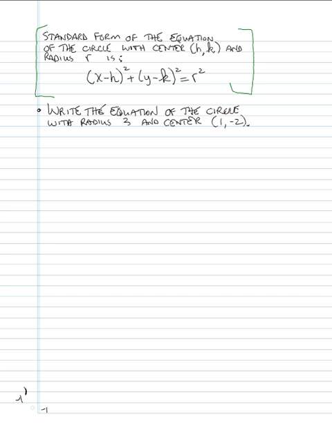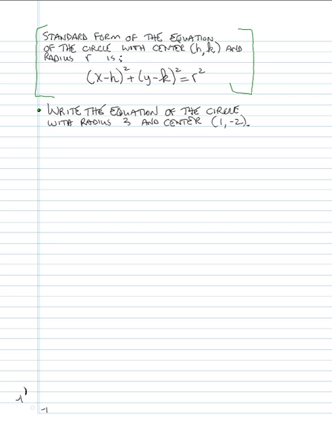And you notice in the x minus h, that's take x and subtract the x value of the center, and the y minus k, that's take y and subtract the y value of the center, and of course r is the radius. So our first problem is to write the equation of the circle with radius 3 and center 1 comma negative 2.